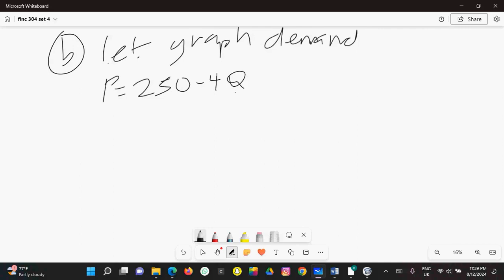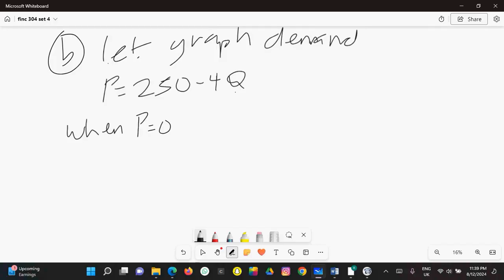Okay, so now we are going to graph. We are going to check when Q is 0, P is what, and when P is 0, Q is what, and we are going to do it to graph, right? So now when P is 0, we are going to divide both sides.